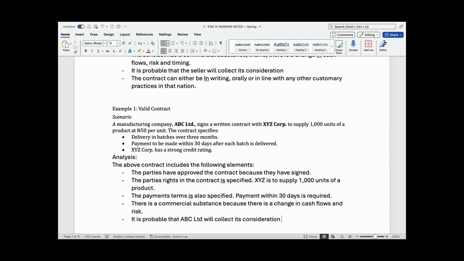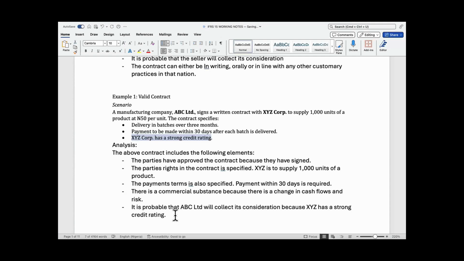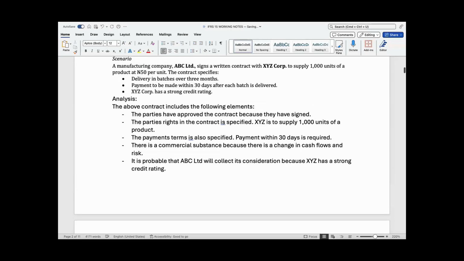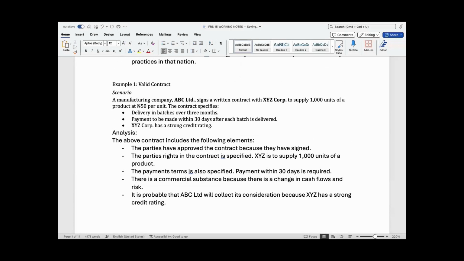It's probable because they told us that XYZ has a strong credit rating. So the contract is therefore a valid contract. It has all the elements.